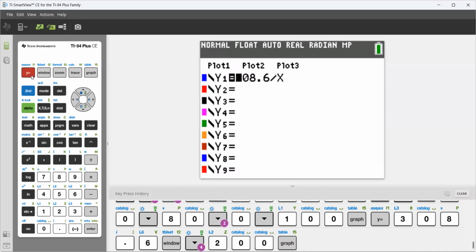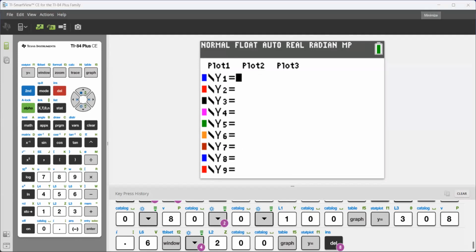So when I go to my calculator, I go to y equals, and then I'm going to erase everything. And then I'm going to put in my equation.